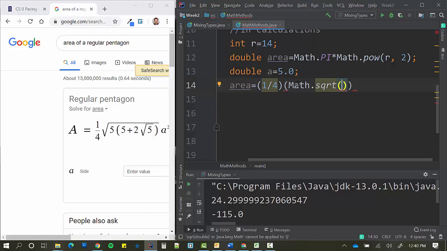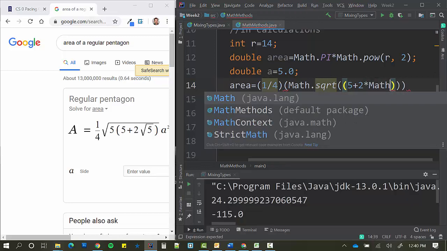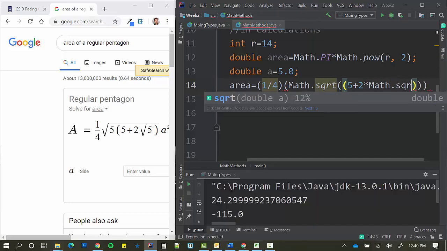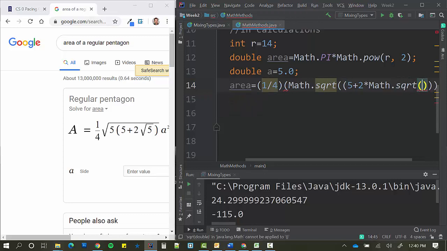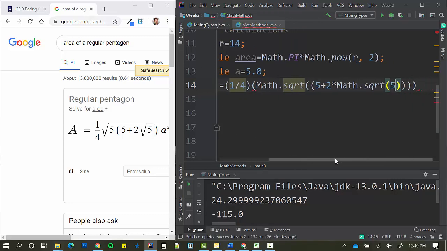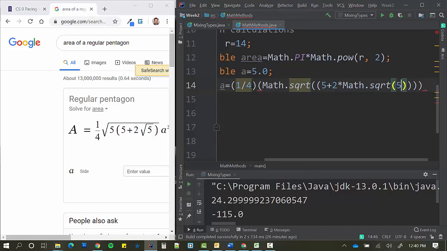And inside of there, I've got 5 plus 2 times the square root of 5. So let's take a look at this. This is kind of confusing. We've got a lot going on here and a lot of parentheses. Now, Math.sqrt is going to give us the square root of this whole thing right here. Okay? That's what's happening there.